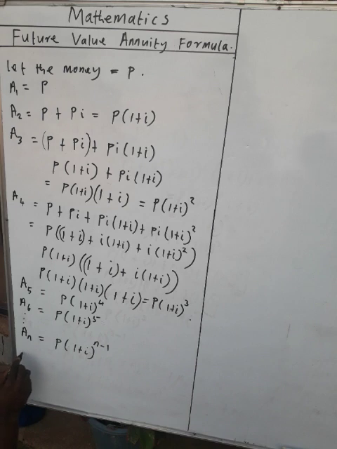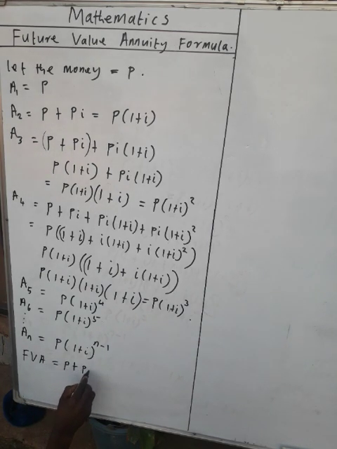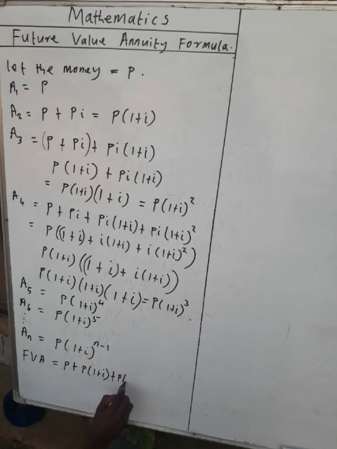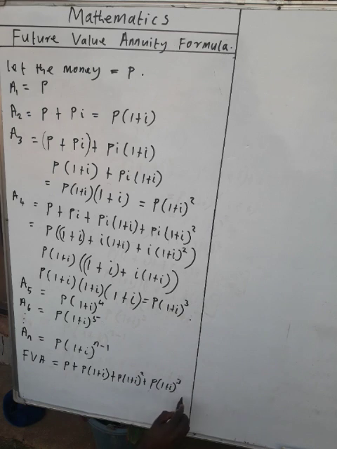So your future value annuity is equal to P plus P(1 + i) plus P(1 + i)^2 plus P(1 + i)^3 plus all these individual amounts, then plus the last amount, which is P(1 + i)^(n-1).